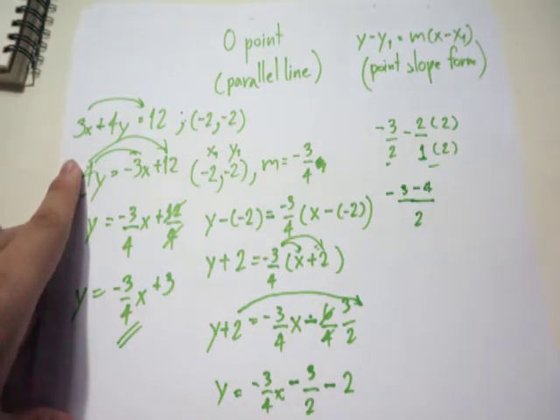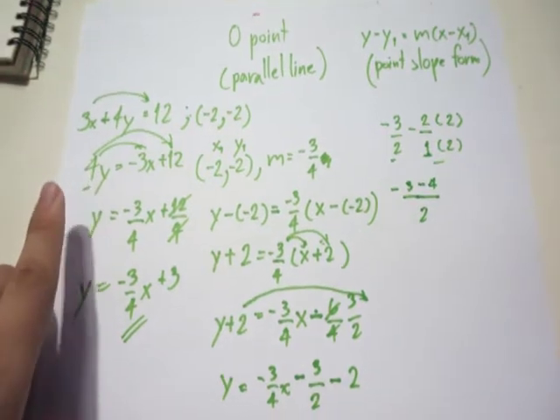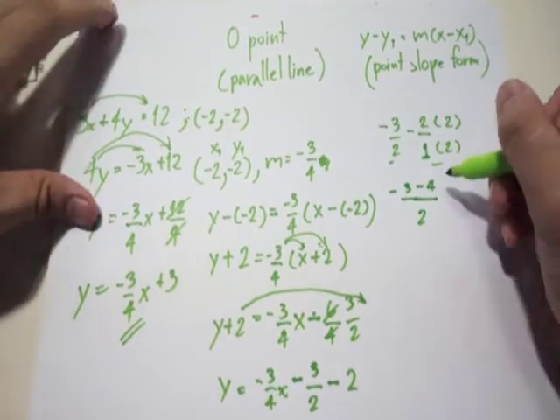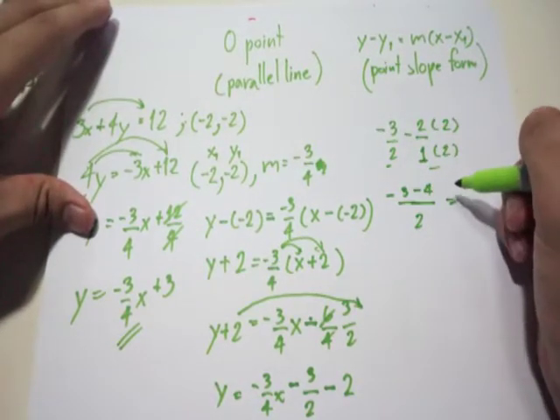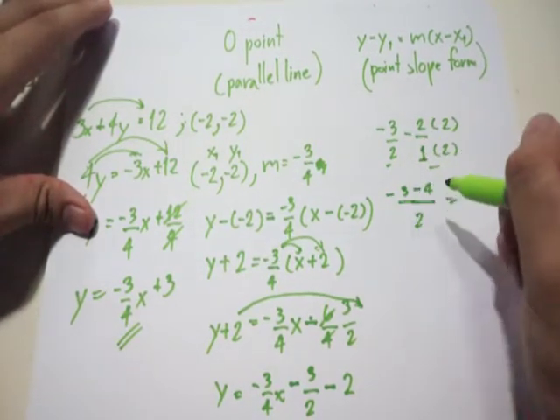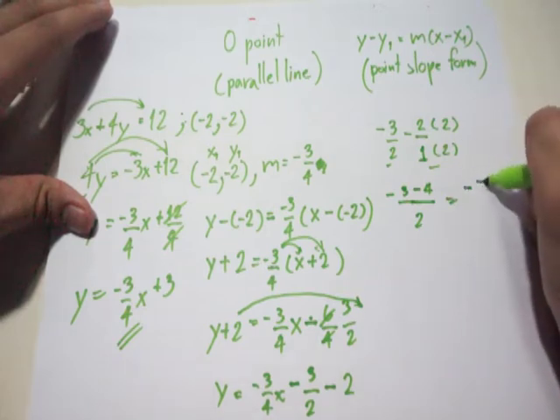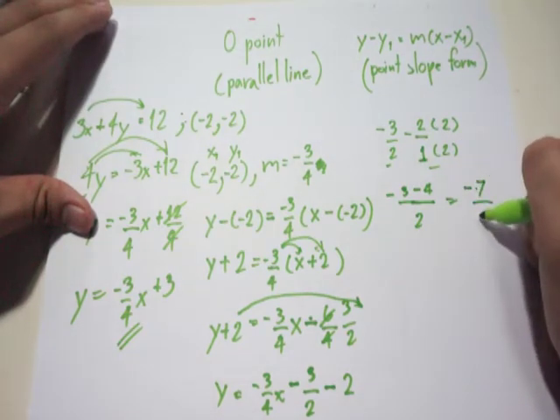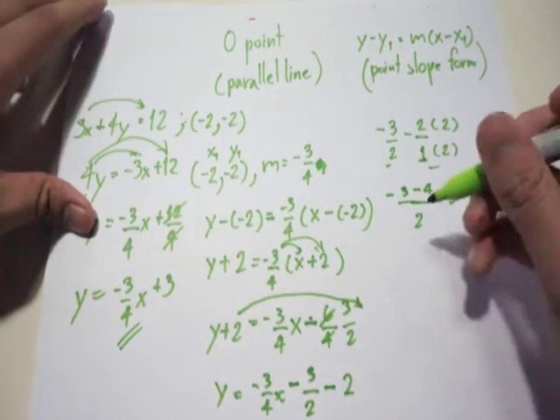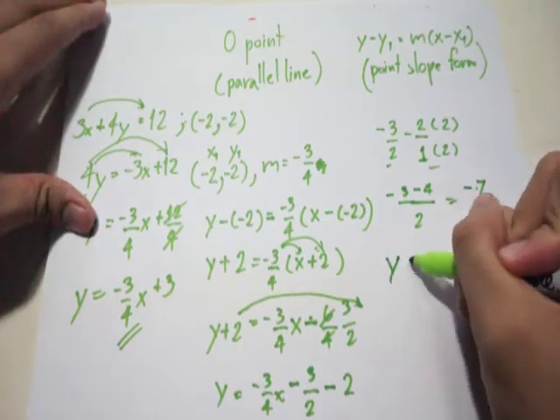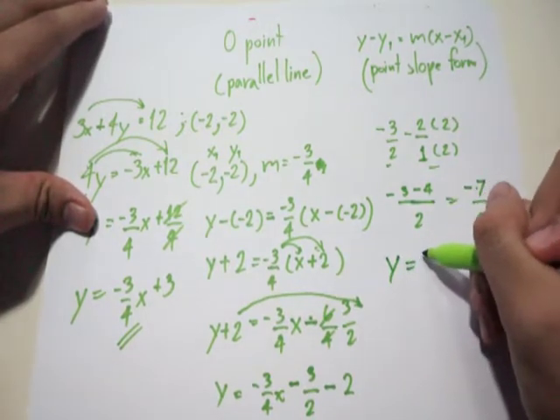And then we get something like this. We subtract them together and we get negative 7 over 2. And now we have the answer for this question.